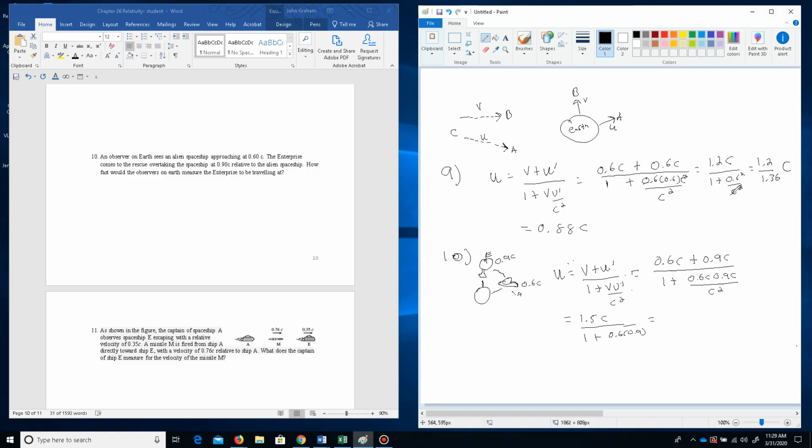And we end up with 1.5 over 1.54 c, which equals 0.97 c. Okay, so really close to the speed of light, but still not past it.